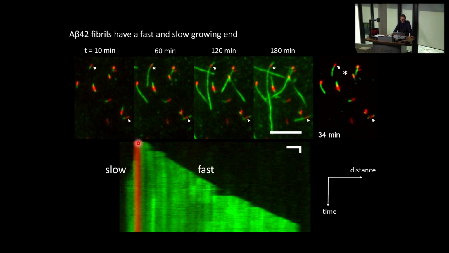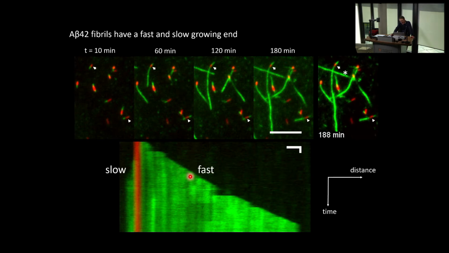Here you have the original template, the little fragment that you start off with, with time going in this direction and distance going in this direction. You can see how on this side of the template, the reaction proceeds really quickly. So you get very long fibers very quickly in this direction, and on the other side it grows slowly.